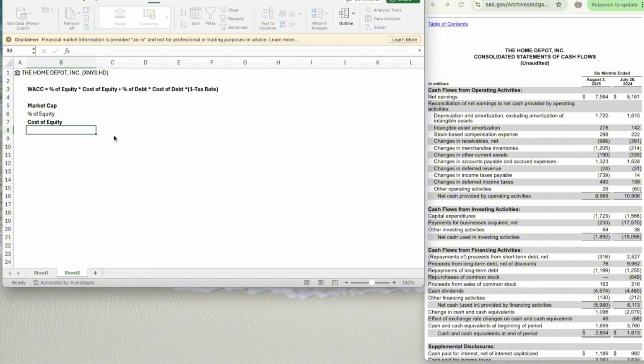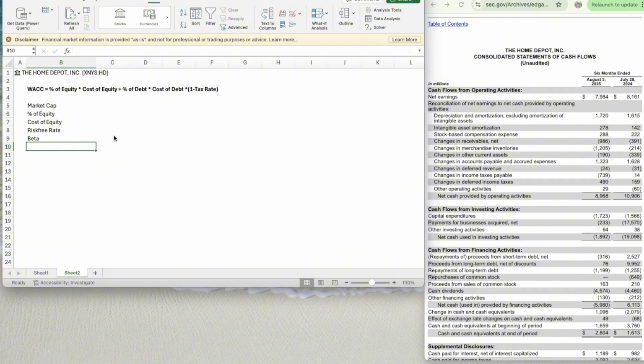I'm not going to build out the cost of equity in stages because this is a predominantly US company, we'll just rush through it here. But if we had international revenues, which I don't think Home Depot does, we would obviously go and do that.